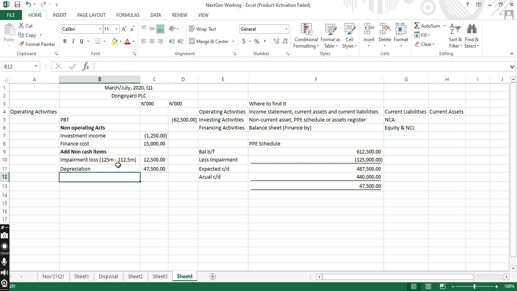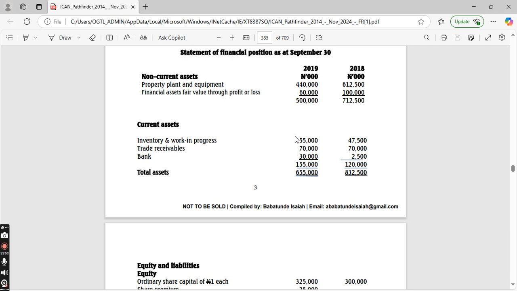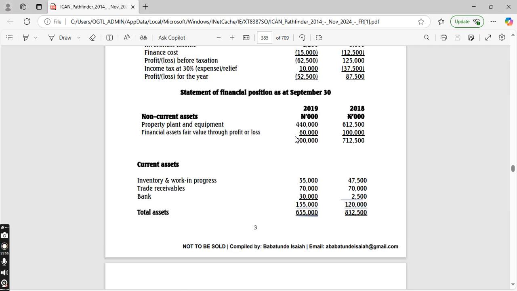What else do we have? Apart from the depreciation, what else do we have? Have we seen it? See this asset, the financial asset at fair value through profit and loss.